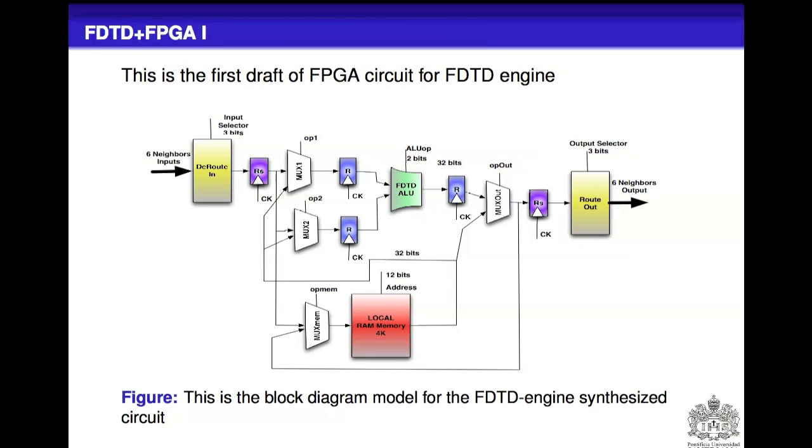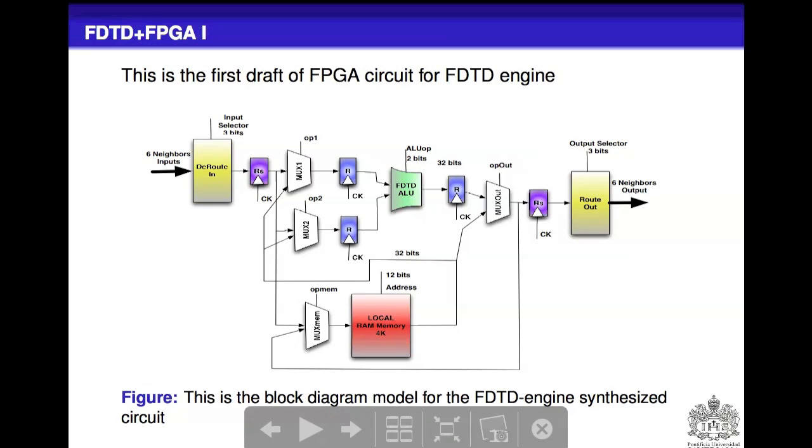Well, we arrive at another kind of implementation, that is the FDTD MPI. This block is around a draft of the FDTD engine, a stepwise implementation of the FDTD value with some muxes and some registers that give us the possibility to get feedback in terms of multiplication or addition operators inside the FDTD value.